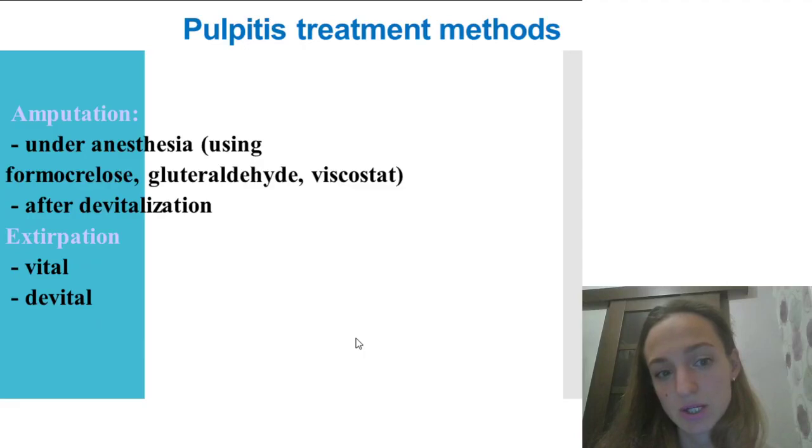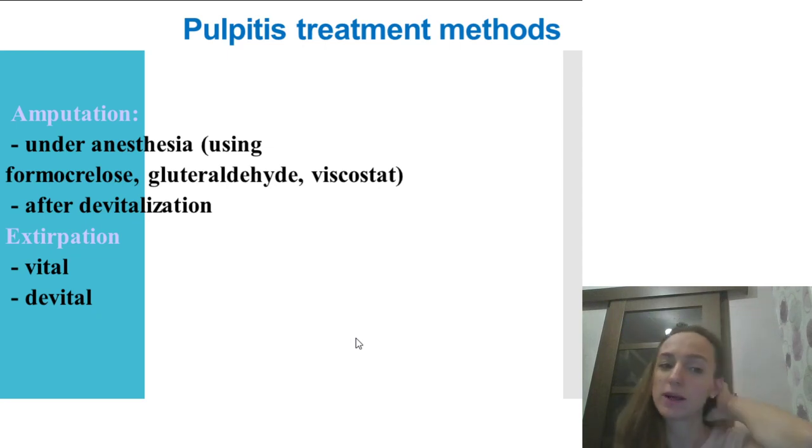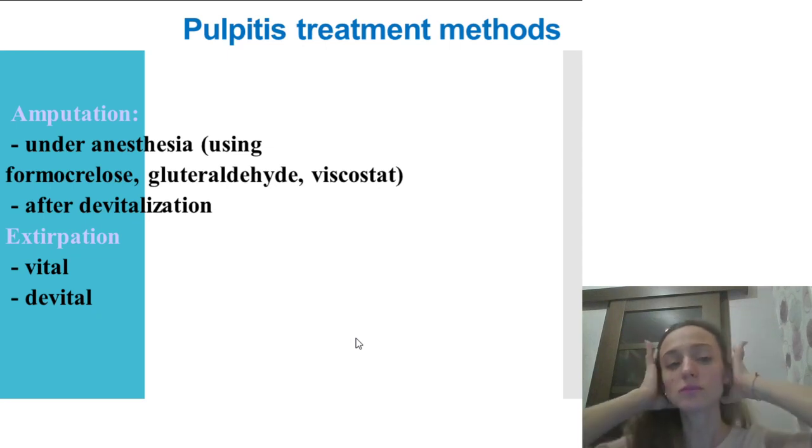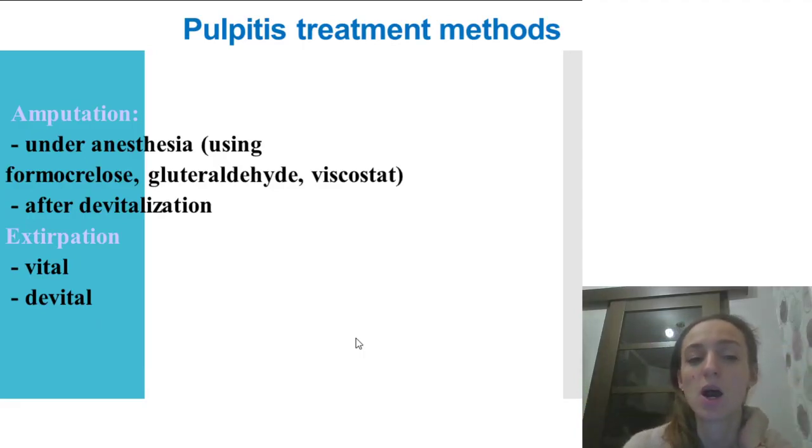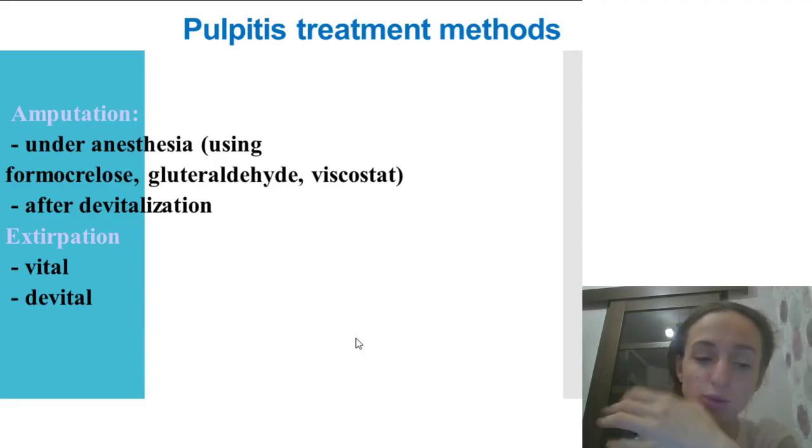So it is amputation with anesthesia using pharmacrazole and other medications, and after devitalization. Amputation is the method when you work only with crown pulp, and extirpation when you work with crown and root pulp.